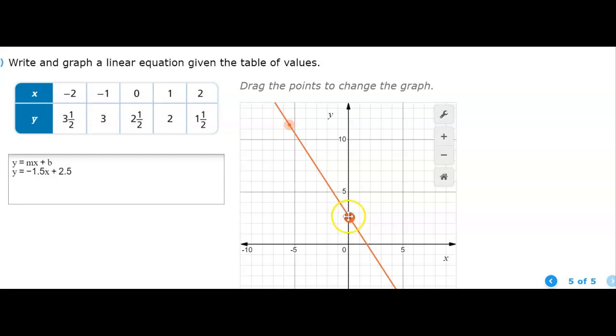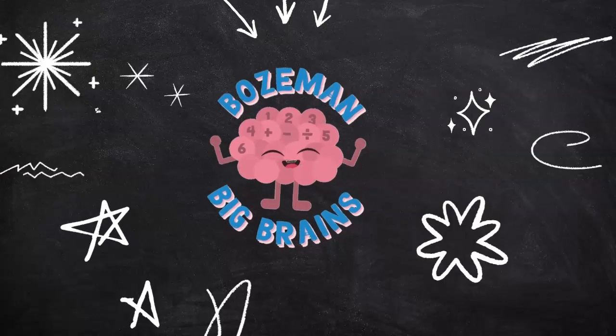So still the 2.5, and then I go rise 1.5, and then over 1. About there. It's not perfect, but about there-ish should be the line.